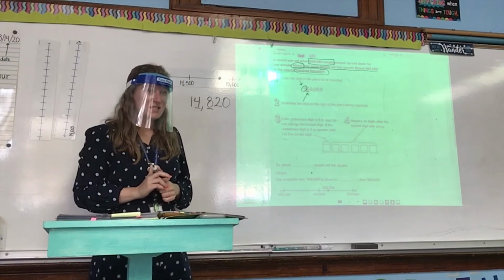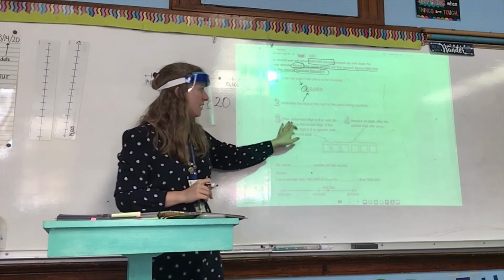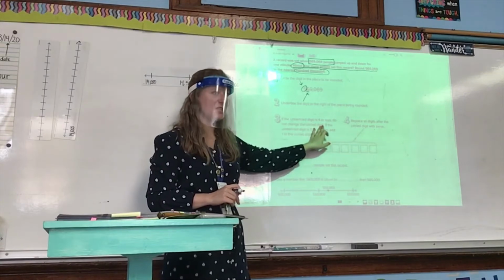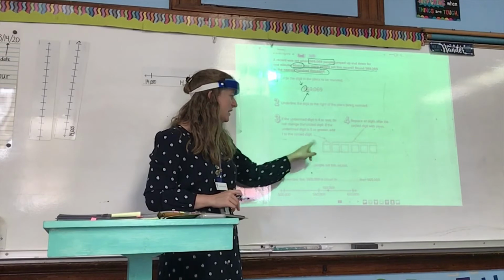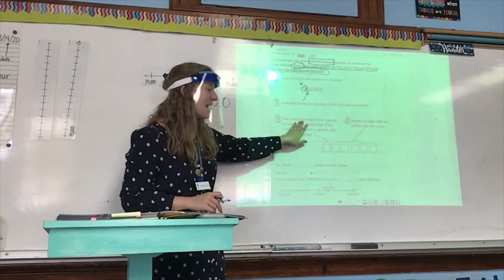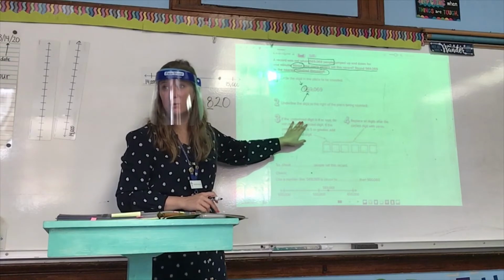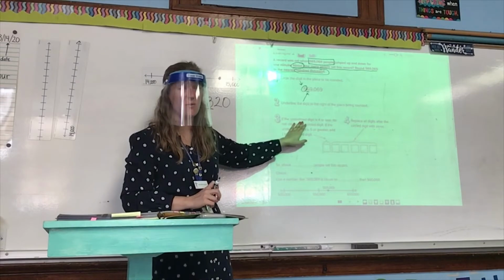Now, step 3. If the underlined digit is 4 or less, do not change the circle digit. If the underlined digit is 5 or greater, add 1 to the circle digit. This is that 4 or less, let it rest. That means do nothing. We're not going to say round down because that makes us think we have to take something away. Are we taking anything away?